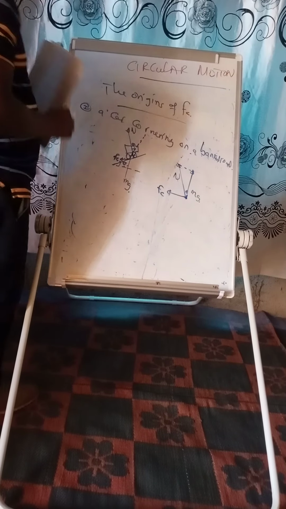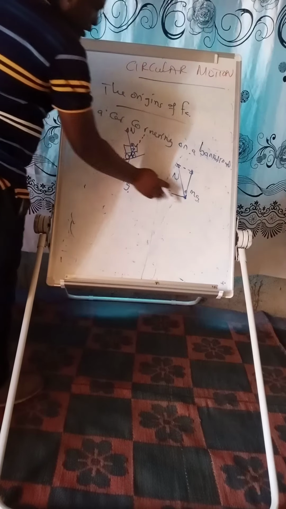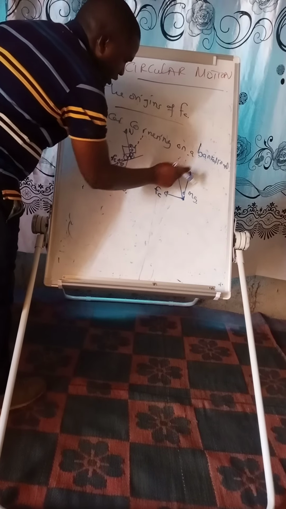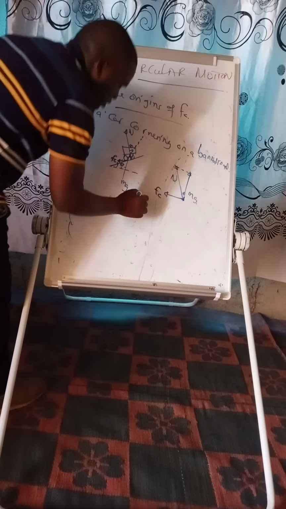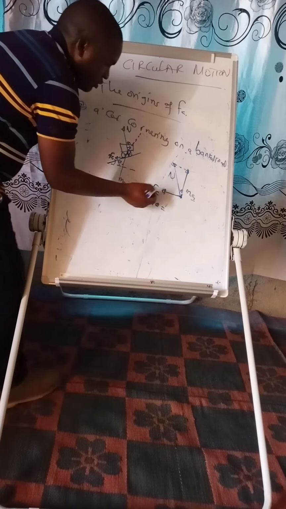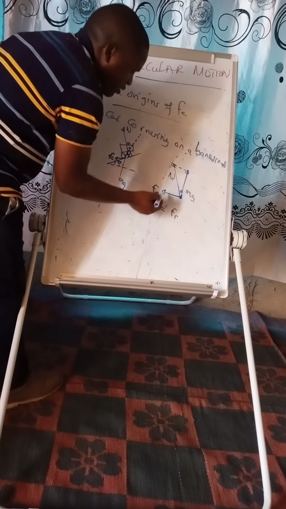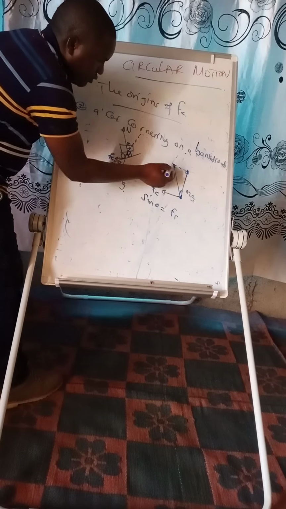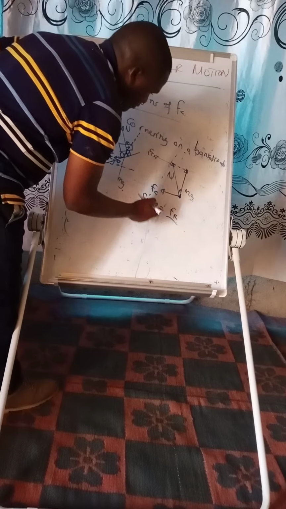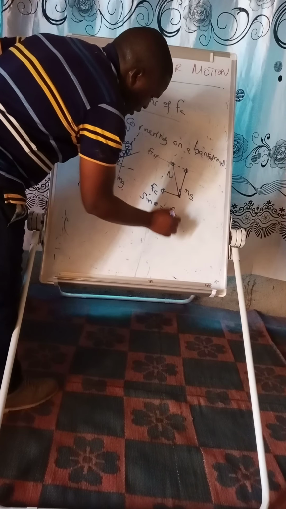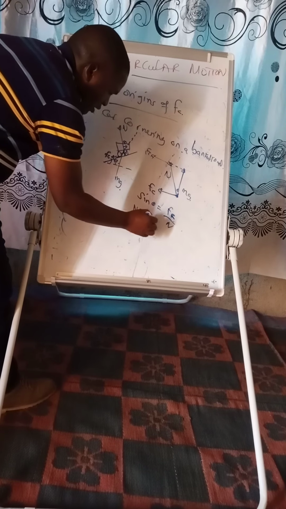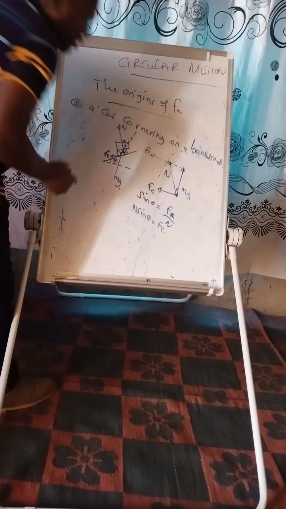So if we want to find the centripetal force here, we say this is the opposite and this is the hypotenuse. We say now sin theta is equal to opposite, which is centripetal force, over hypotenuse, which is N. So now our N sin theta will be equal to centripetal force.